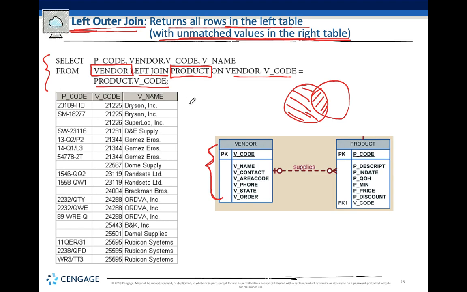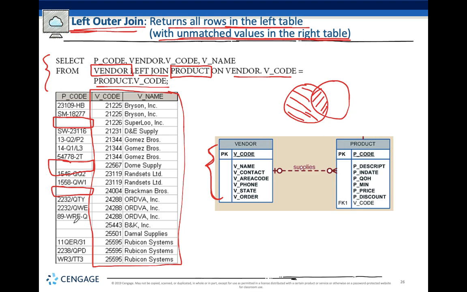So again, we get back all the vendors, all the rows in the left table, which is the vendor table, even those that don't have any matching products. These rows, for example, don't have any matching products. They still get returned in our results.